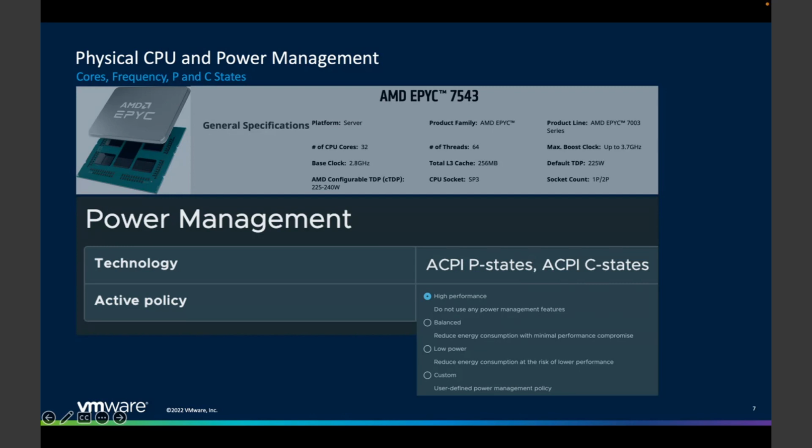And the C states are the level below the base frequency. You can call those energy efficient states, and the P states you could call power states. Now with the active policy, you determine how ESXi will do the power management. If you set it on high performance, it will keep all cores active, and that means you're hitting the all-core turbo frequency if you've got P states available.